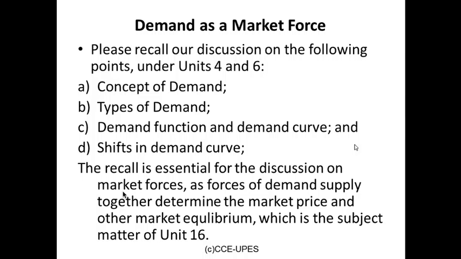Then we saw the concept of movement along a demand curve. Movement is caused by changes in price, and we assume the other determinants of demand, which is price of its substitutes and complements, income of the consumers, price expectations, tastes and preferences, do not change.